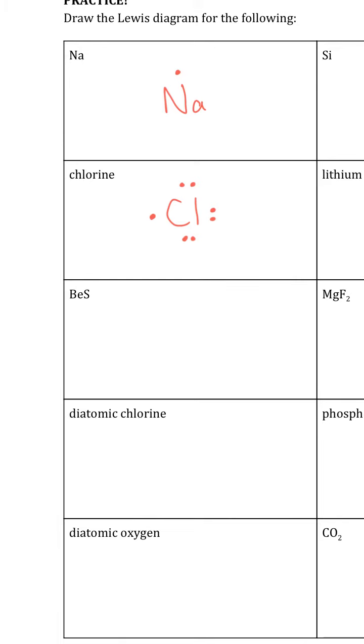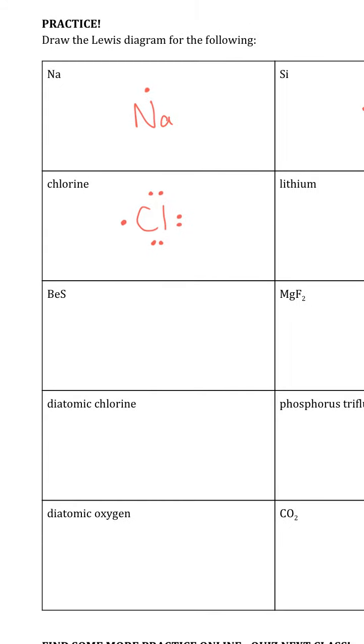So you see 3 lone pairs of electrons and then 1 electron to the side. And it really doesn't matter which side you end up on with that 1 electron. But when we do draw compounds, it will end up on the side where you're going to form a bond.